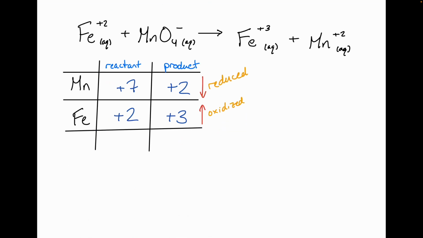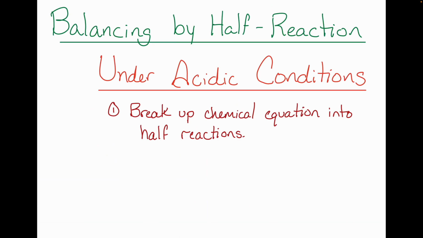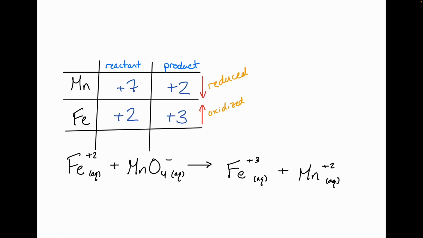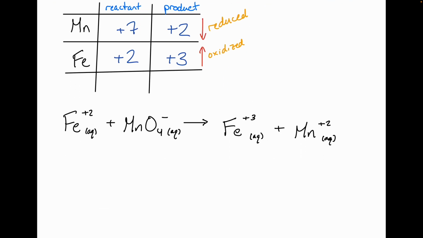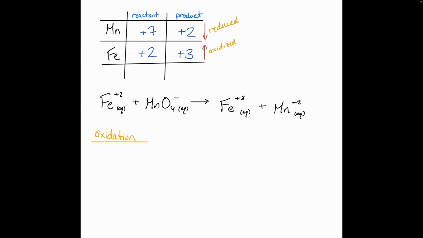All right, so I'm going to use my oxidation table here. So again, sorry, break up that chemical equation into half reactions. I'm going to create an oxidation half reaction and a reduction half reaction based on what we just did with our oxidation numbers.